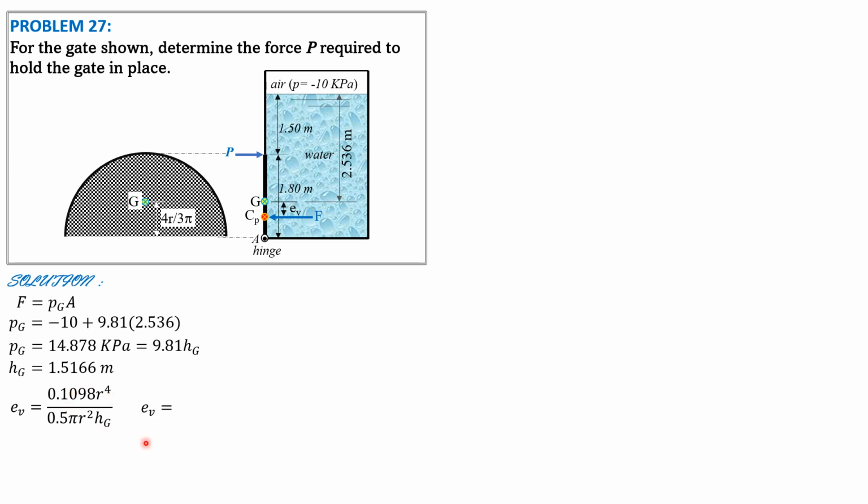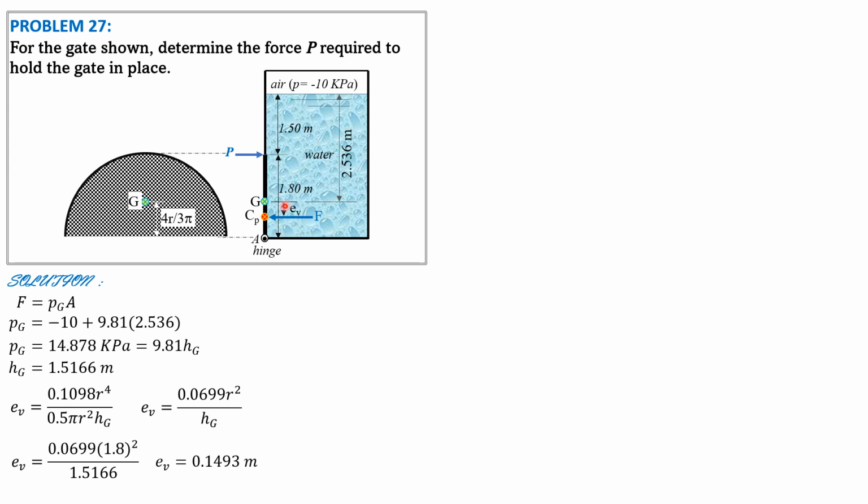Simplifying, it is 0.0699 r squared over hg after we cancel r squared, and 0.1098 divided by 0.5 pi. So substitute, 0.0699 times r, which is 1.8, that's the radius, 1.8 squared over hg 1.5166. So e_V is 0.1493 meter.